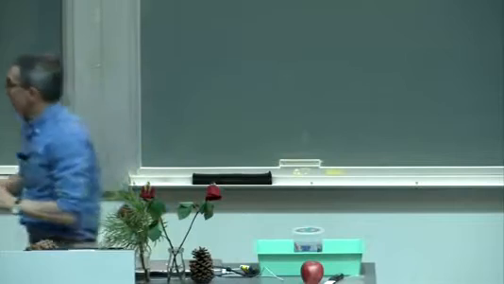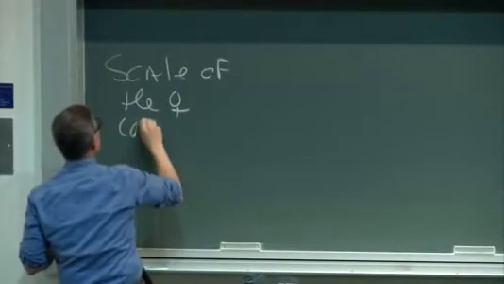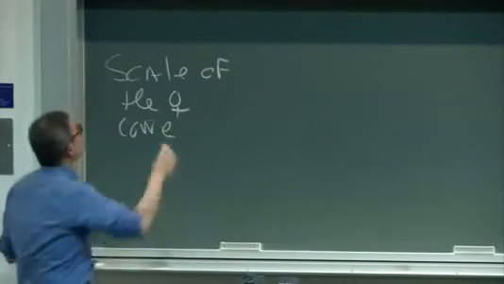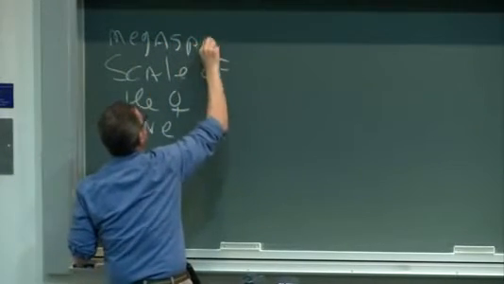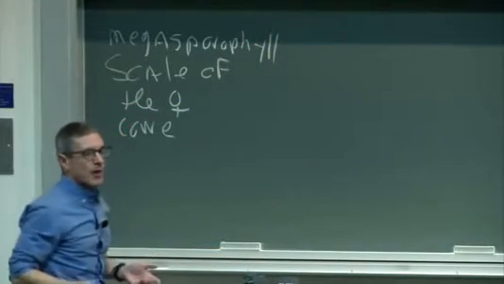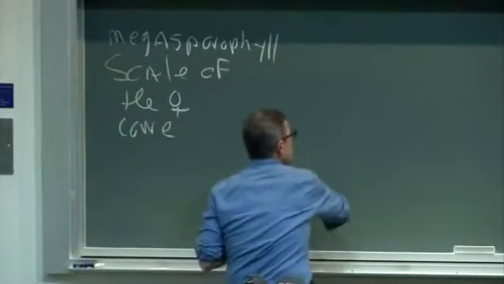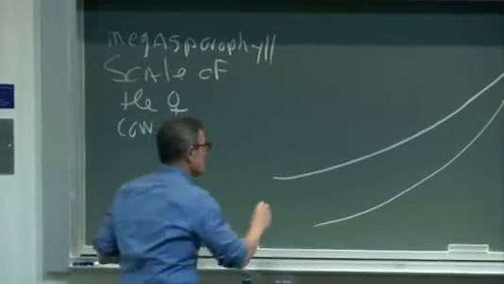We're going to take one of these scales, we're going to cut the cone down the middle, and we're going to look at it. So this is going to be the scale of the female cone, and this scale is a megasporophyll. That is, it is a leaf which bears sporangia. So let's draw the scale, and I want to spend a few more minutes talking about it. Here is the scale.